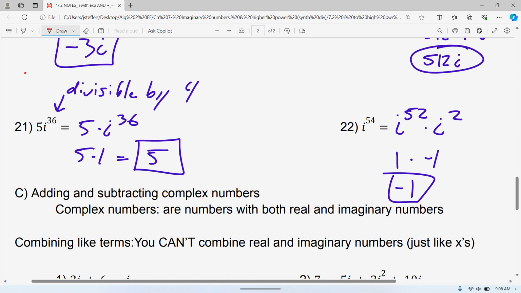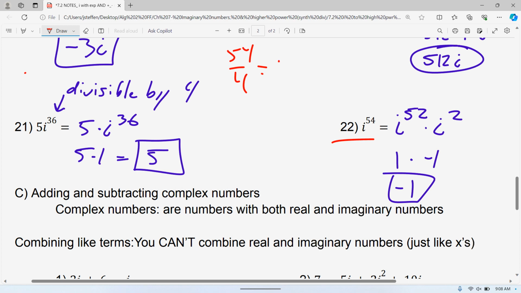So real quick, one of the things I thought of when I was working through this, if you can't tell if something is divisible by 4 or what number is close that's divisible by 4, I would recommend doing this. So for 22, if you're not sure if that's divisible by 4, I would do this. 54 divided by 4, because that's the exponent. 54 divided by 4 is 13.5.